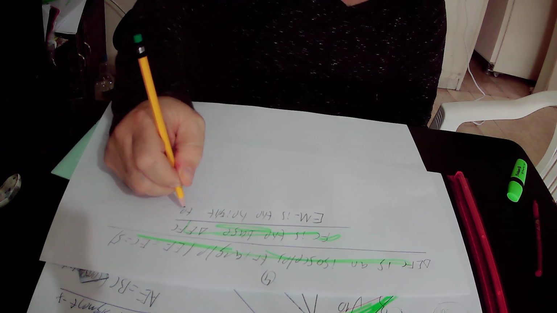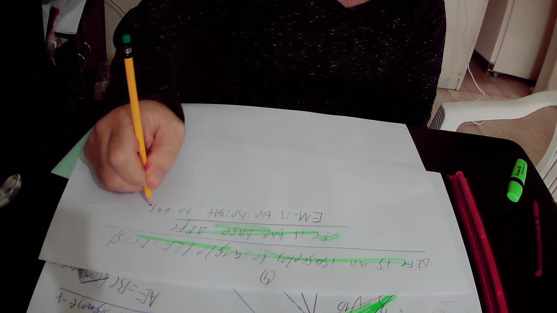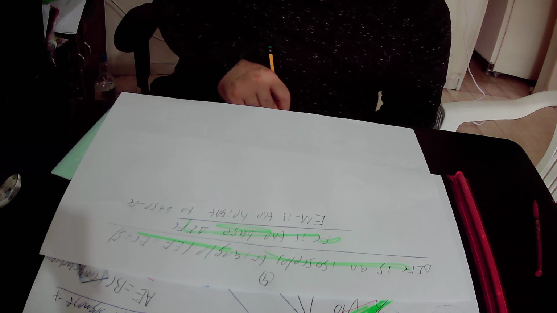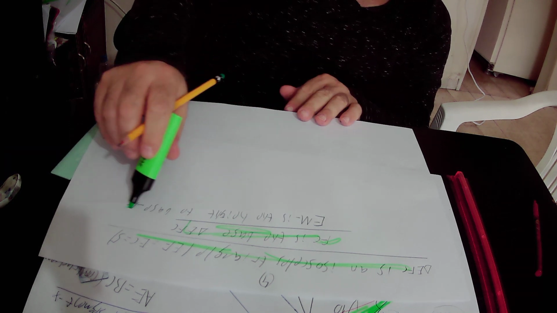Line segment EM is the height to the base FC.